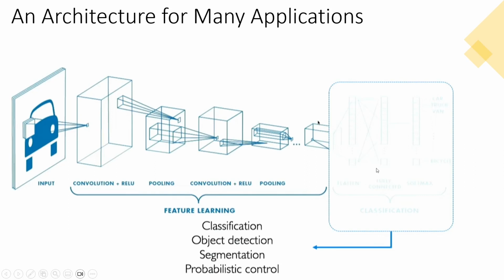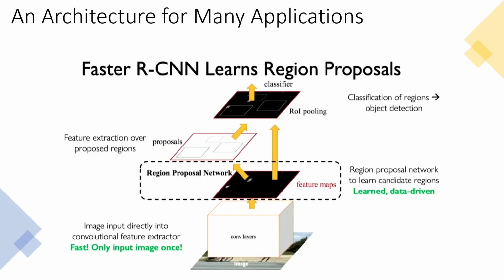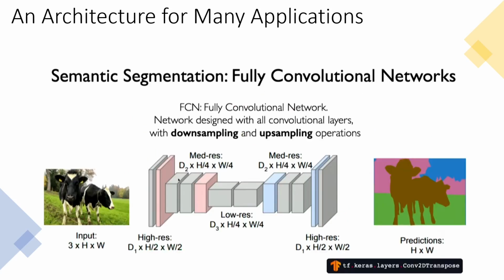This is a very classical network for classification problems, but for more complex problems such as object detection or semantic segmentation, we usually use more complex architectures such as RCNN or UNet.